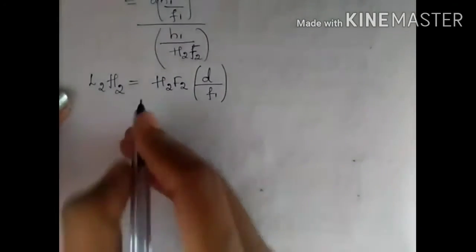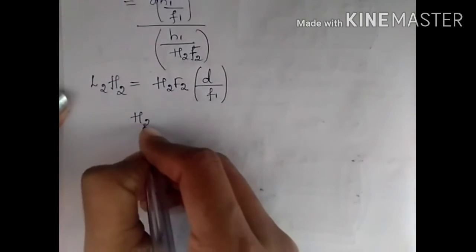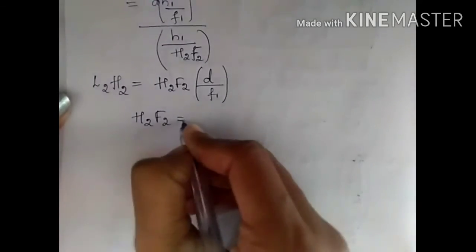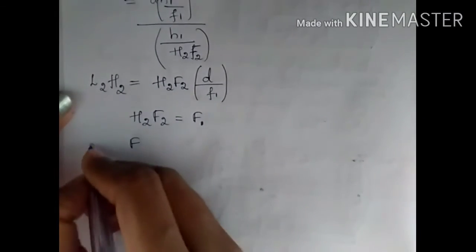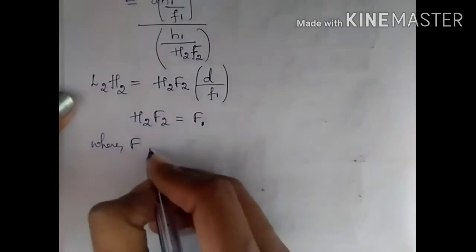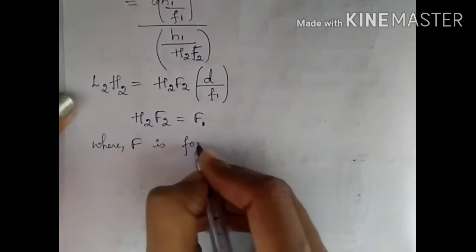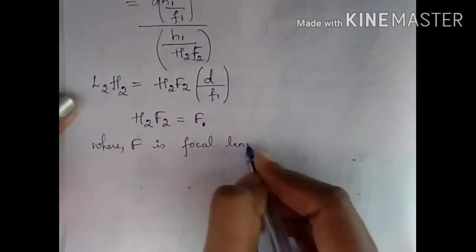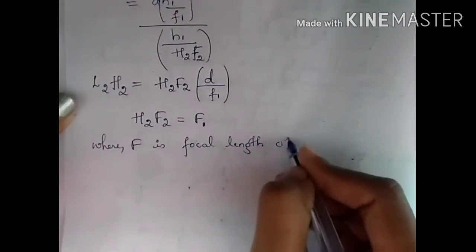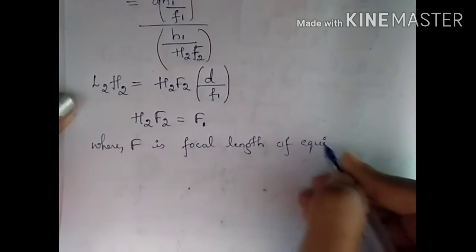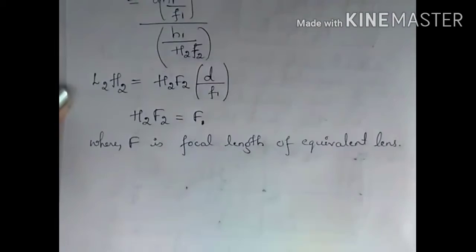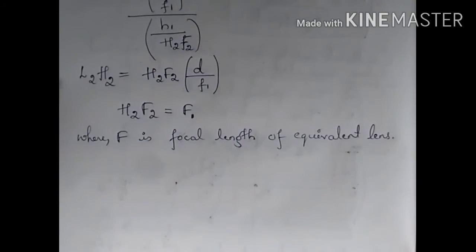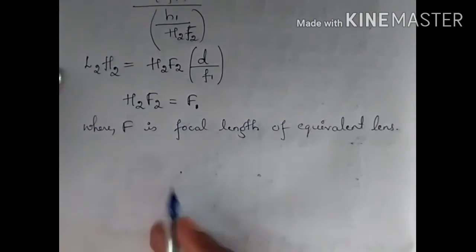So with that knowledge, I can write H2F2 is equal to F, where F is the focal length of the equivalent lens. You understood this from the figure that we have drawn.